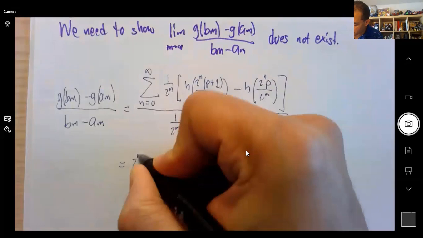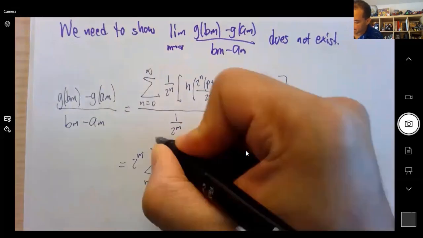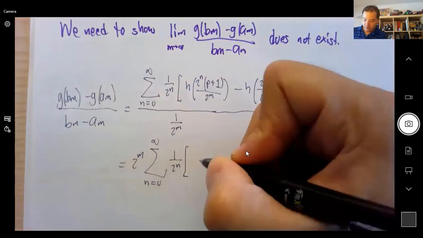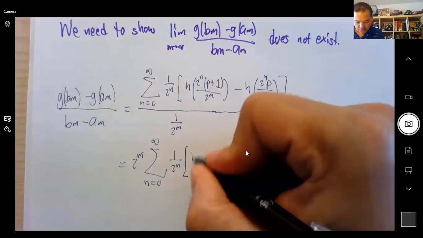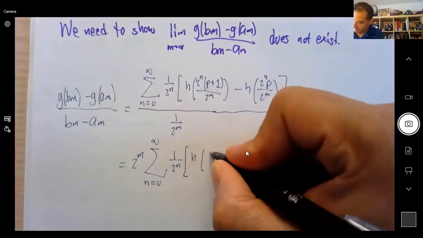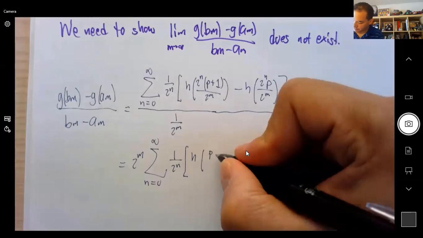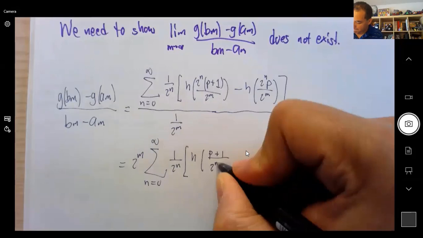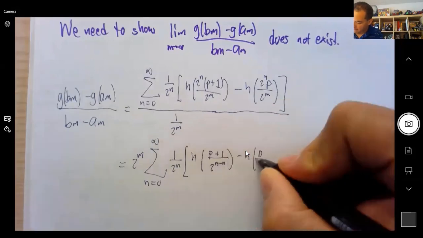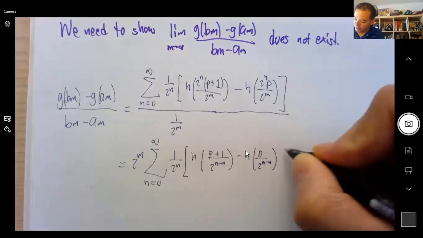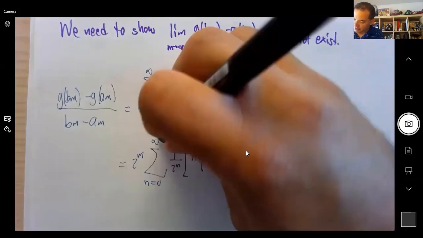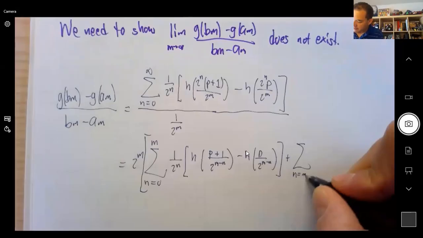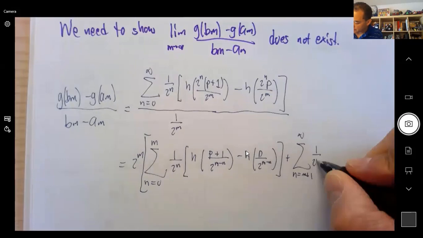So this will be 2 to the m multiplying 1 over 2 to the n, and I'm going to write it like this, as h of p plus 1 over 2 to the m minus n, when the n is small. So this is only between 0 and m. And then when it is bigger, I should write it the other way around.